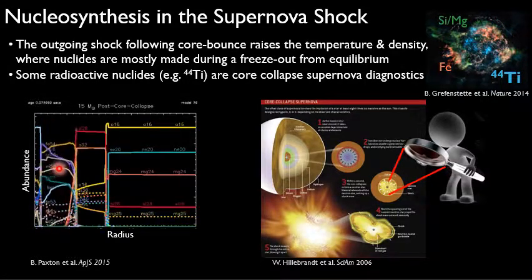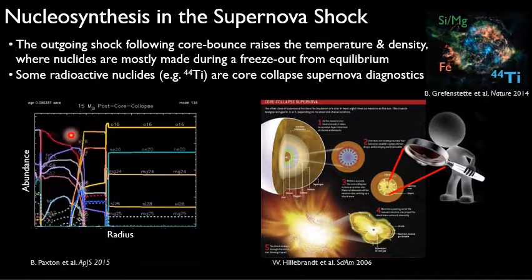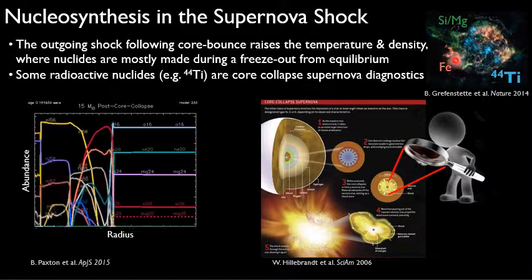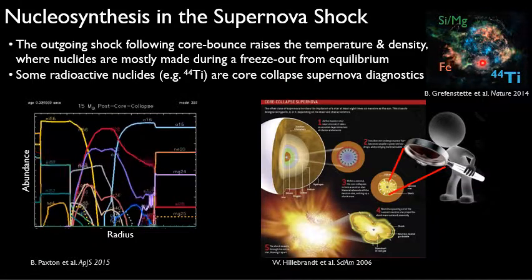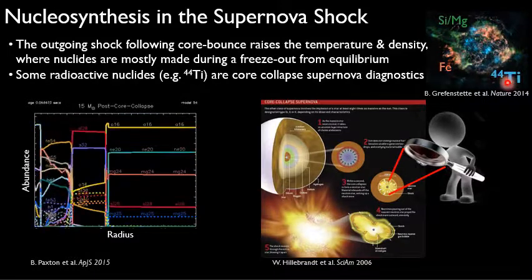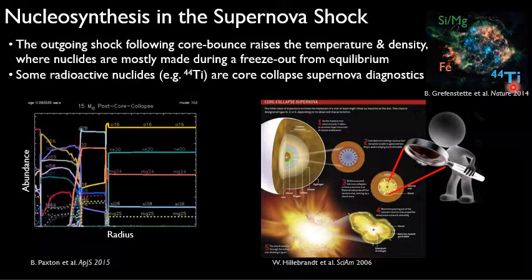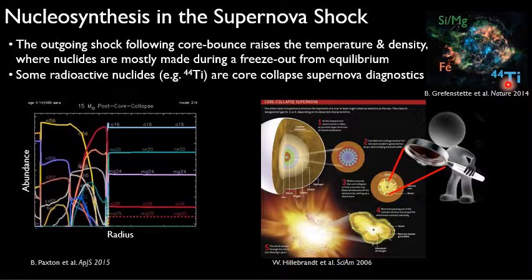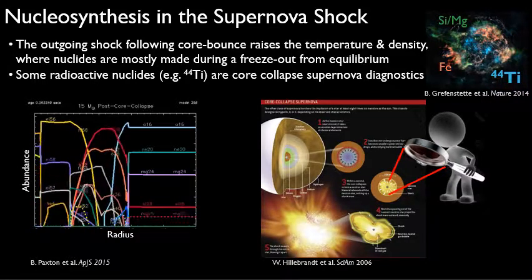And so you can make a bunch of nickel, for instance. That nickel will eventually become iron that we can observe in the remnant of a core collapse supernova explosion. And you make other interesting elements like titanium-44, which we care about because it has a unique radioactive decay signature that we can use to learn something about the supernova explosion.